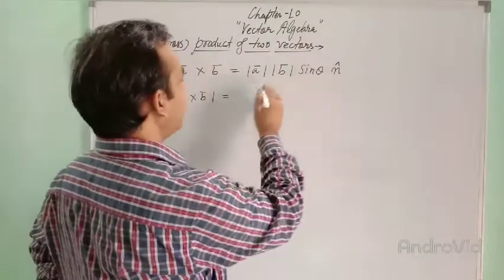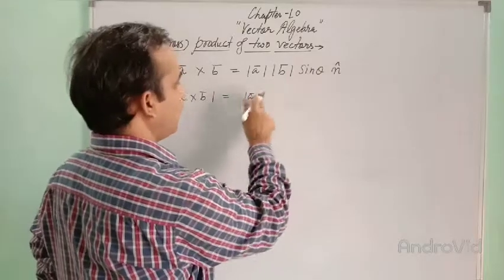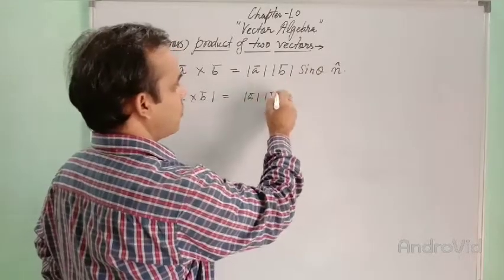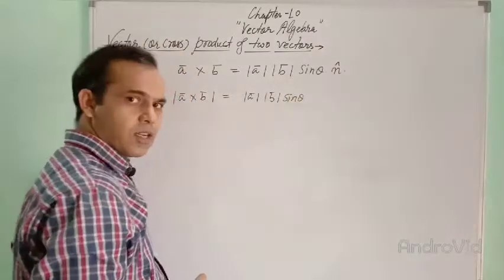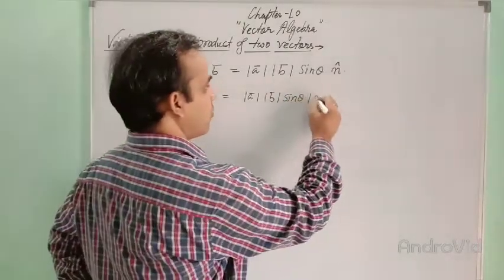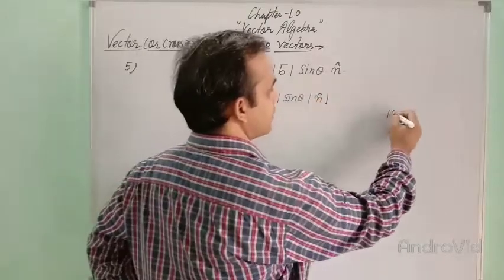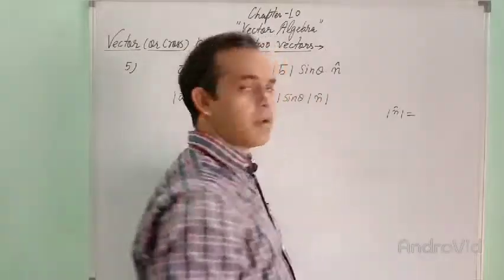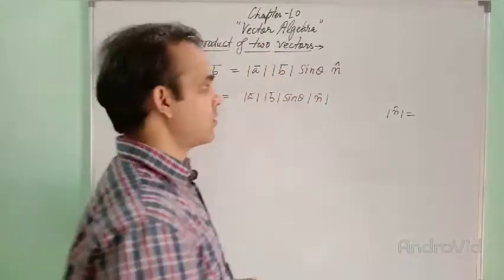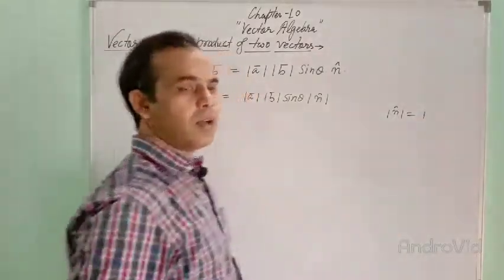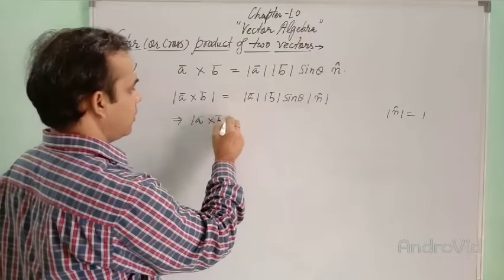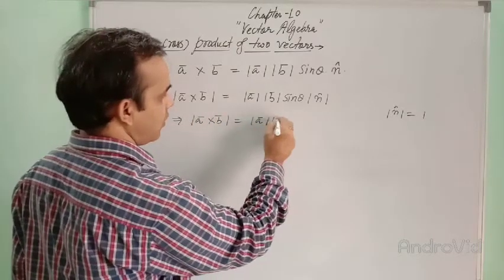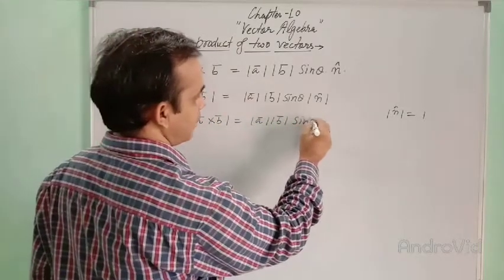Here the magnitude of A vector, magnitude of B vector, and sin theta are scalar quantities. The magnitude of n cap, the normal unit vector, will become 1. So here we will have magnitude of A cross B equal to A B sin theta.